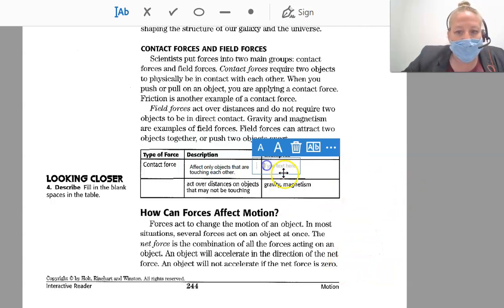And we talked about some of these examples.